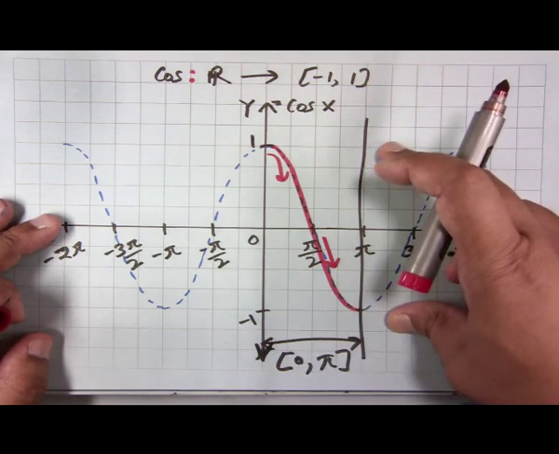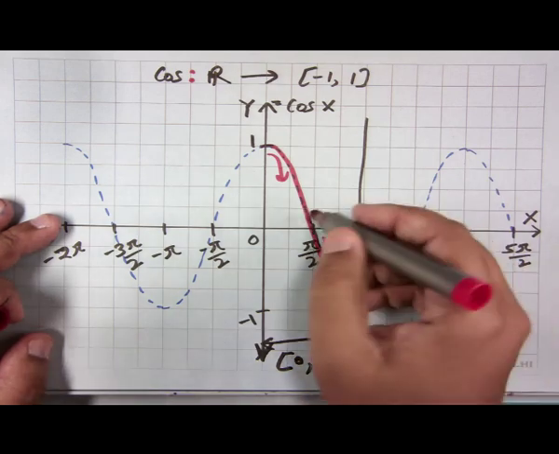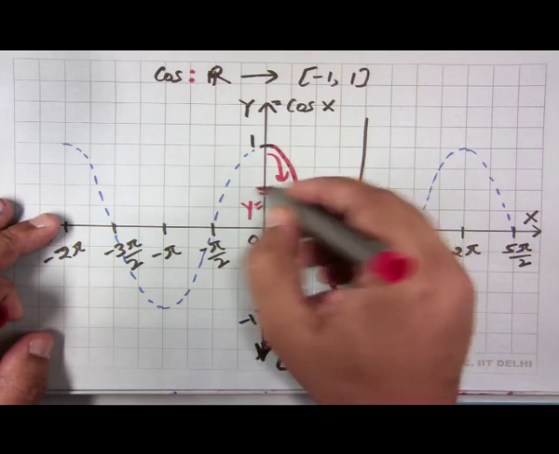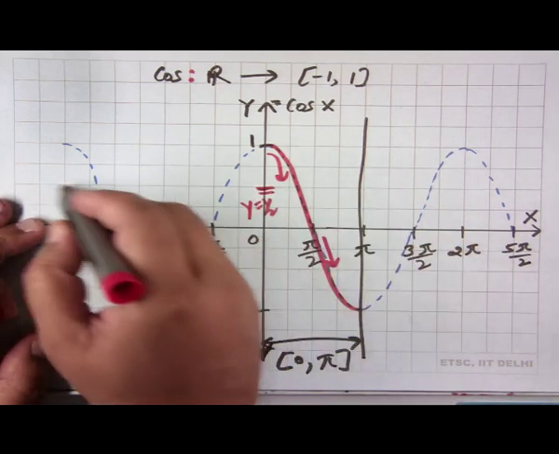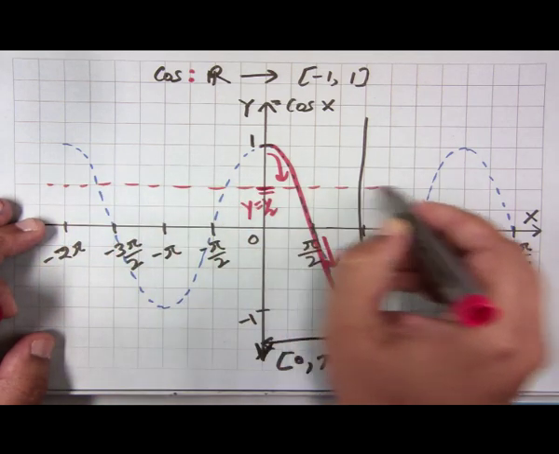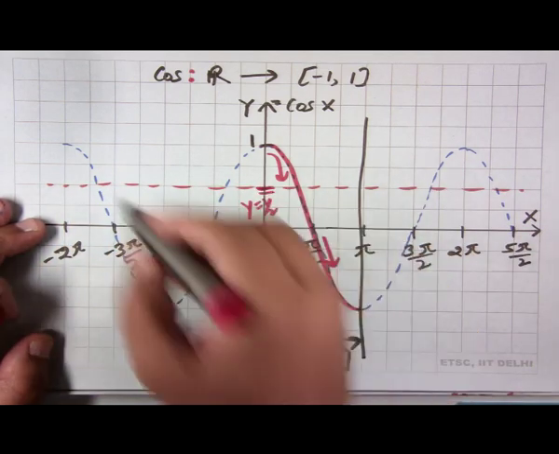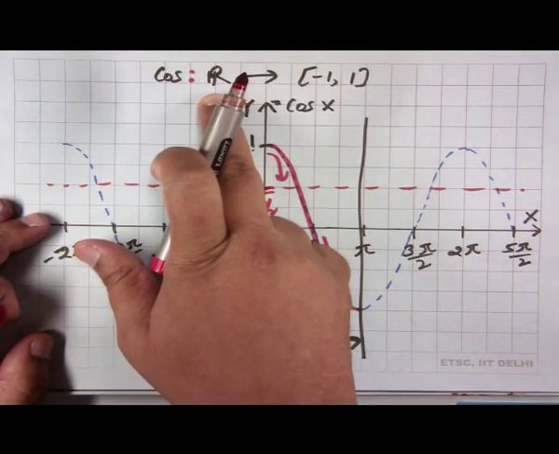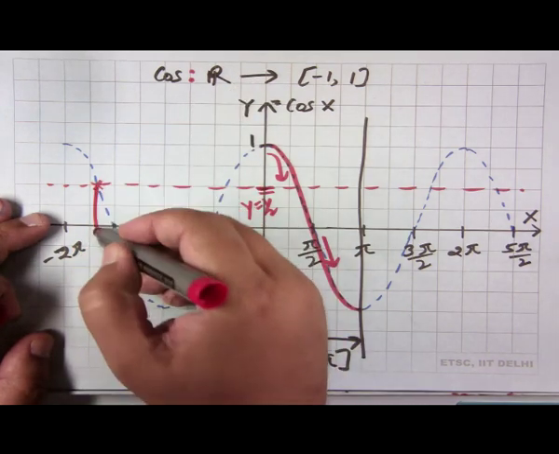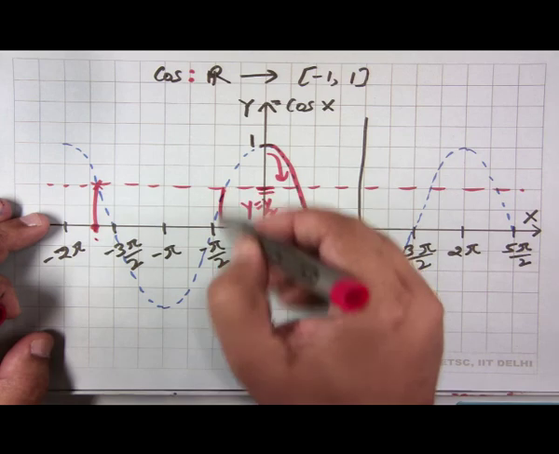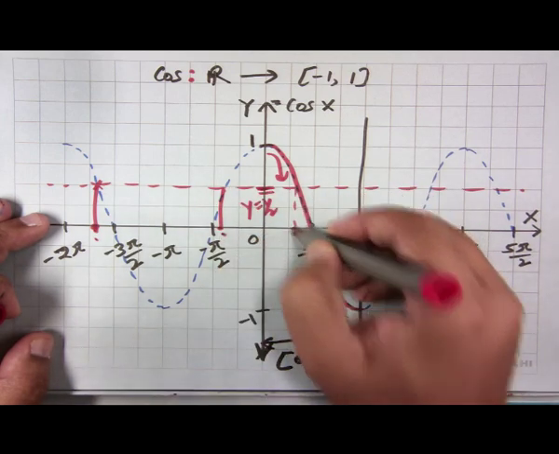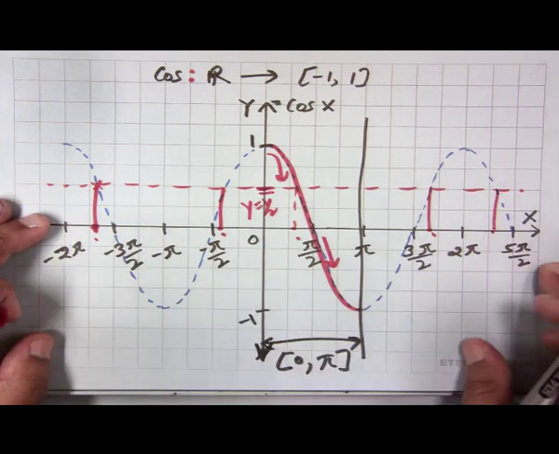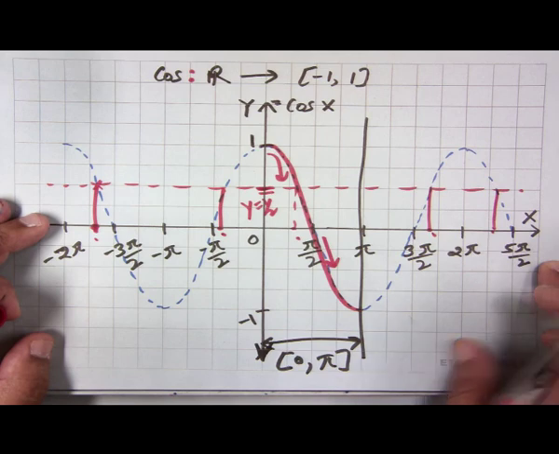Further, what we see is that if we take any value of y, let us say y equal to half over here, and if we look at the original cos function whose domain was the entire real line, then we will have many different values of x here, and another value here, and another value here, similarly another value here, and here also, and so infinitely many values of x for which cos x is equal to half.